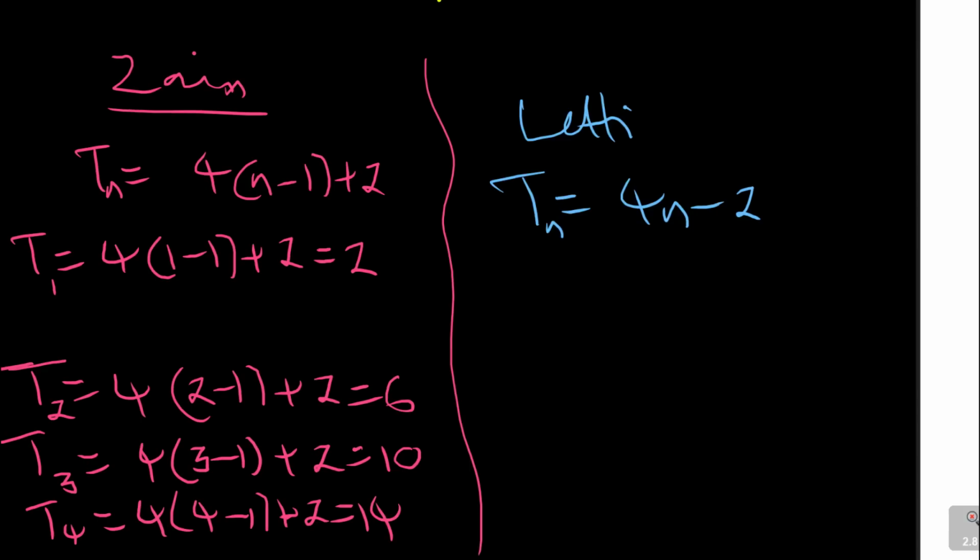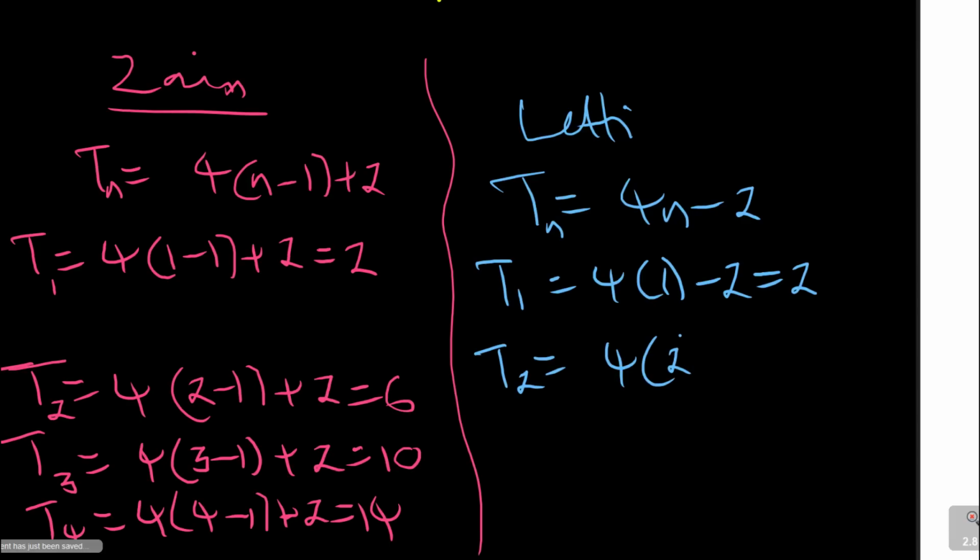Now let's go to Letty. We do the same thing with Letty. T1 is equal to 4 into 1, minus 2, which is 4 minus 2, which is 2. T2 is equal to 4 into 2 minus 2, which is 8 minus 2, it's 6. T3 is equal to 4 into 3 minus 2.